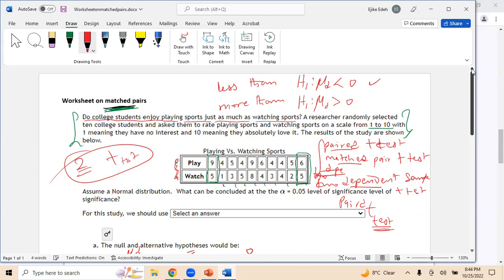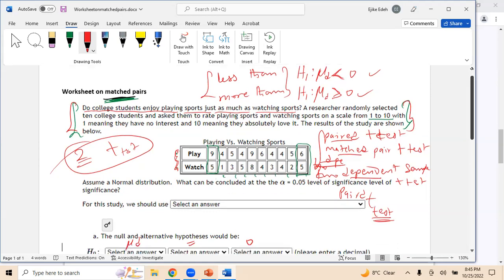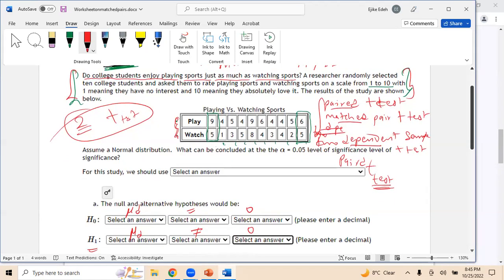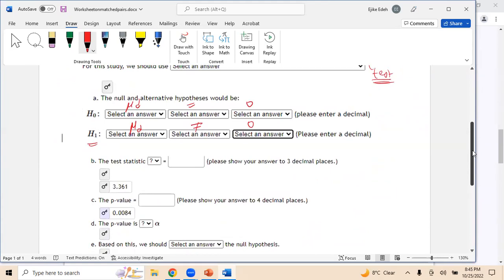So less than watching it, more than watching it. The greater than and less than symbol just goes with the statements that you have, okay? And this is not the only way to state less than or greater than. You just need to read through and ask yourself, does the question imply less or more from the way it is stated? And then you write your alternative hypothesis that way. So you get a practice. I have just like 2 questions for homework in this session. You get to practice this in that, okay?